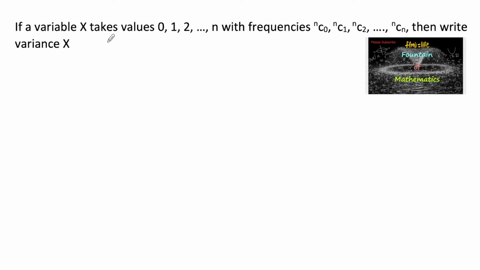If a variable x takes values 0, 1, 2, and so on up to n with the frequencies nC0, nC1, nC2 and so on up to nCn, then write the variance of x.